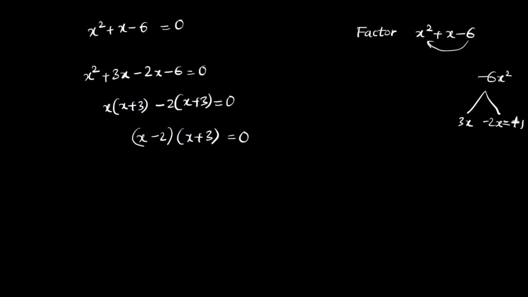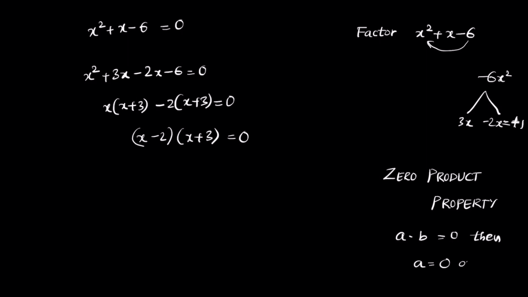For this we have to use a property, which we call the zero product property. What the property says is: if a times b equal to 0, then either a equal to 0 or b equal to 0. Apply this here.